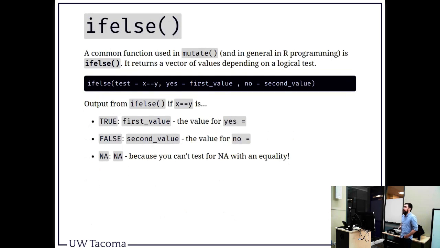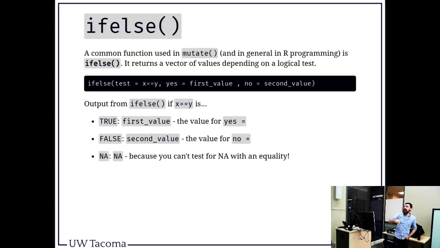Okay, so a common function you will use inside of mutate, and outside of mutate too for doing general sort of variable creation and stuff, is if-else. If-else will return a vector of values depending on some logical test. The way if-else works is you have a test first. Let's say it is x equals y. Anytime x does indeed equal y, this function will produce whatever I have in yes under there, whatever is the second argument in if-else.